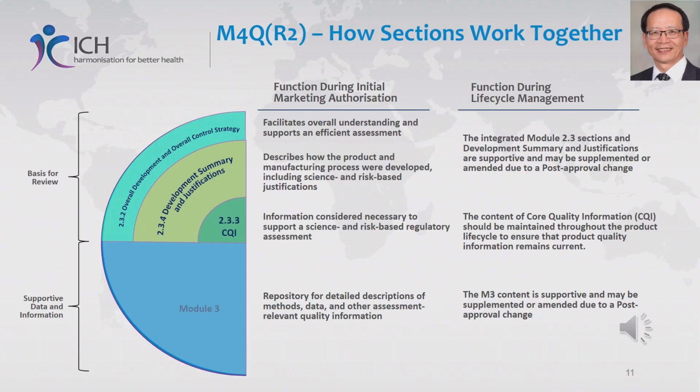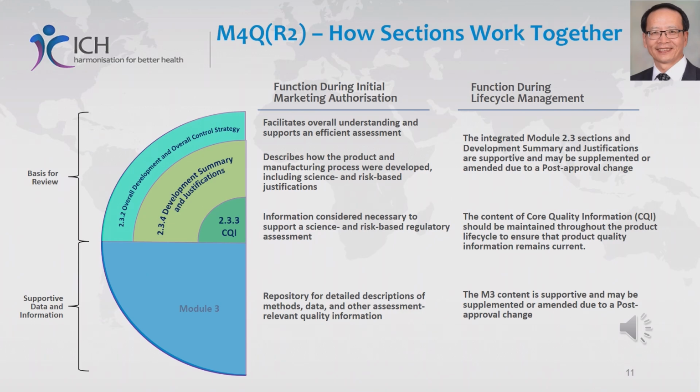So when we have many sections, one of the questions you will see is how those sections are able to work together. Therefore, understanding how these sections work together is critical for both initial marketing authorization and lifecycle management.